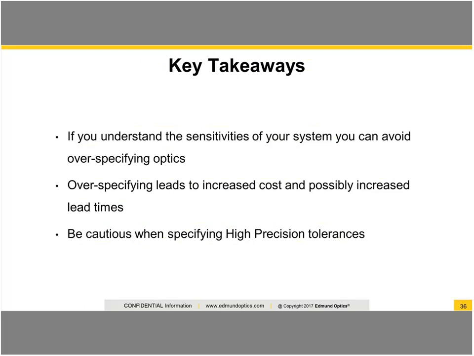Over-specifying leads to increased cost and possibly also to increased lead time, so it's important to keep these things in mind. Be cautious when you're specifying high precision tolerances. Yes, we can achieve them, but not in every case or every combination.